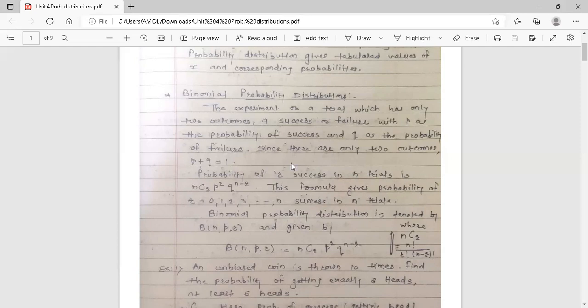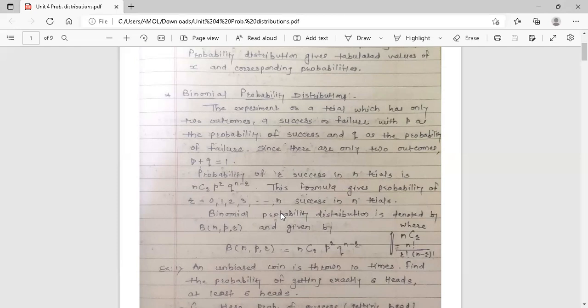Then the probability of getting success r times in n trials is given by nCr, which means combination, into p raised to r into q raised to n minus r. You know p is the probability of success and q is the probability of failure. This formula gives the probability of r equal to 0, 1, 2, 3 up to n successes in n trials.